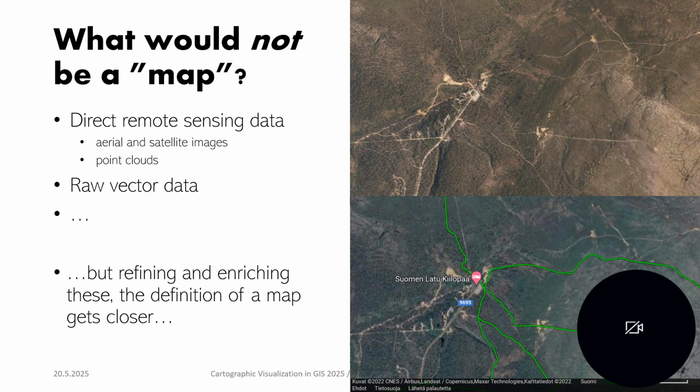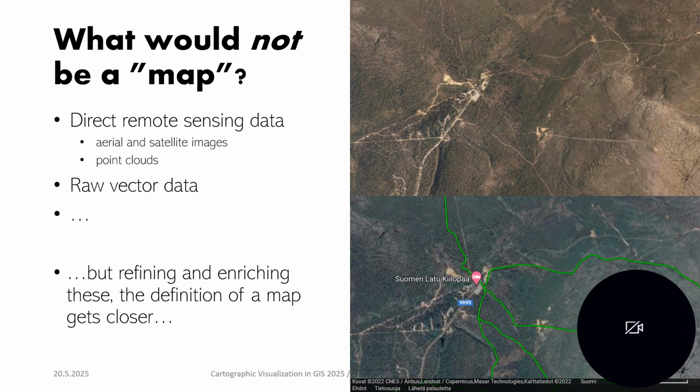But maybe if there is some image that wouldn't be a map, that could be direct remote sensing data. So meaning direct aerial and satellite images and, for example, directly measured point clouds. In the traditional sense, those maybe wouldn't be called a map because they are raw collected data, and then also raw vector data would be defined as such as well.